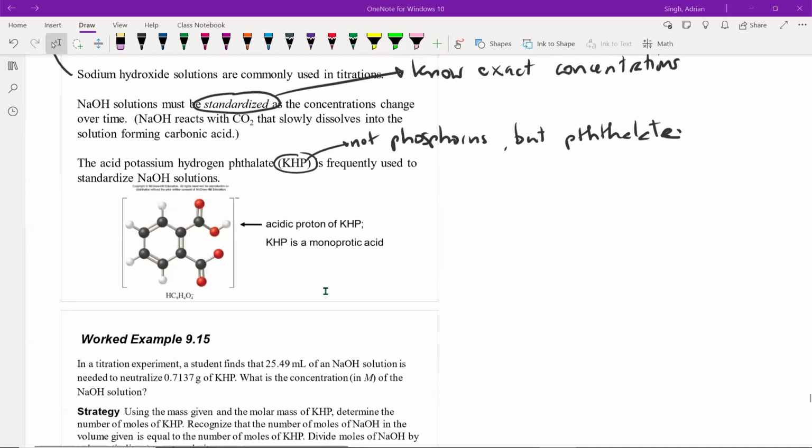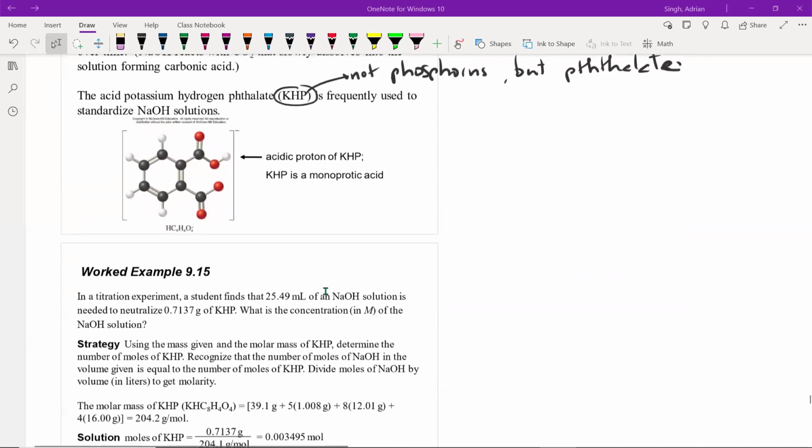So we can use the KHP to standardize, or to determine the exact concentration of, the sodium hydroxide that is to be used eventually in the titration down the road.